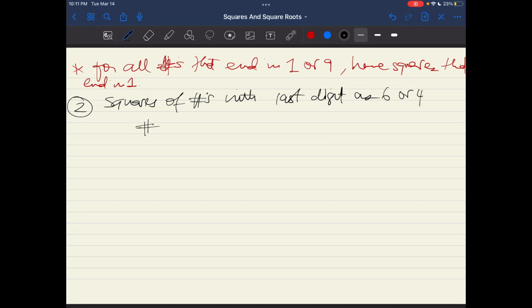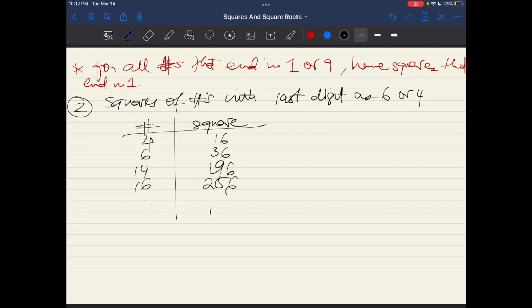We have the number here, we have the square here, we have 4, square is 16. We have 6, the square is 36. We have 14, the square is 196. We have 16, the square is 256. And this keeps going on and on.